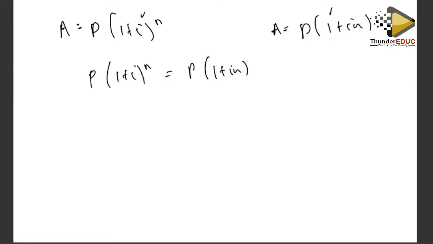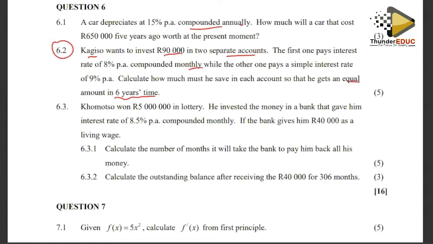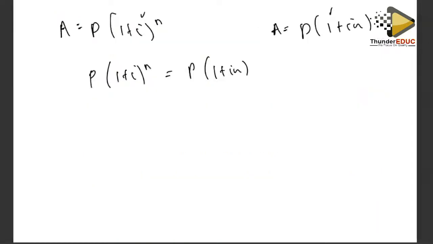But is that going to make sense though? How much is he having? He wants to invest 90,000, meaning that if he invests P amount, whatever is going to be left of the 90,000 should be sent to the other. So I'm going to say 90,000 minus P into 1 plus in. Let's do the substitution.